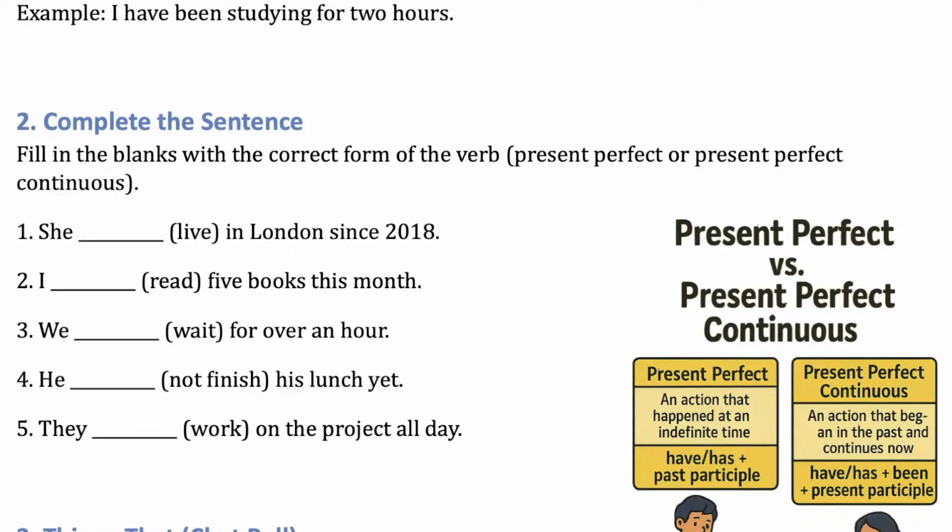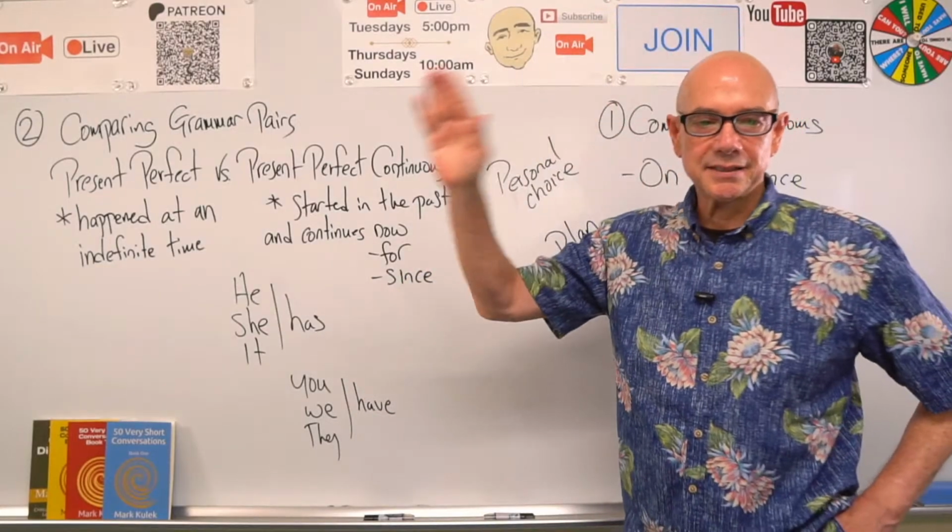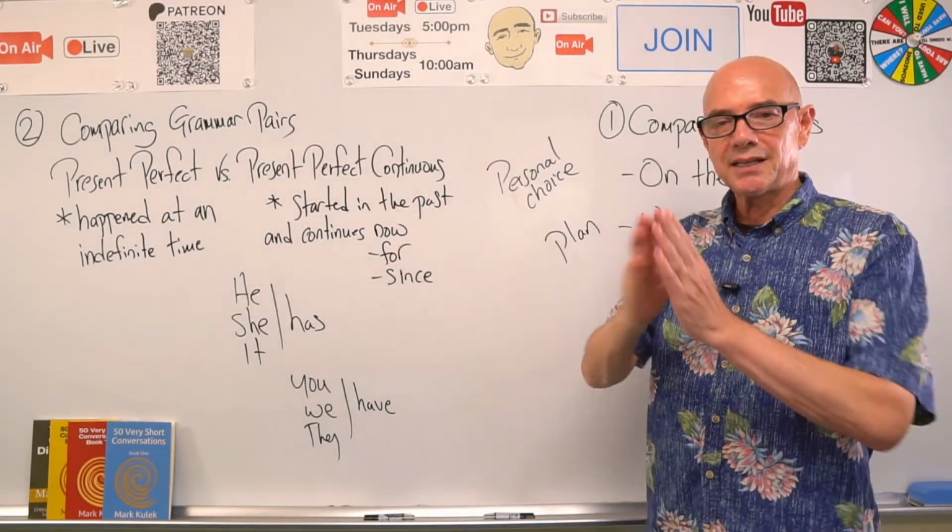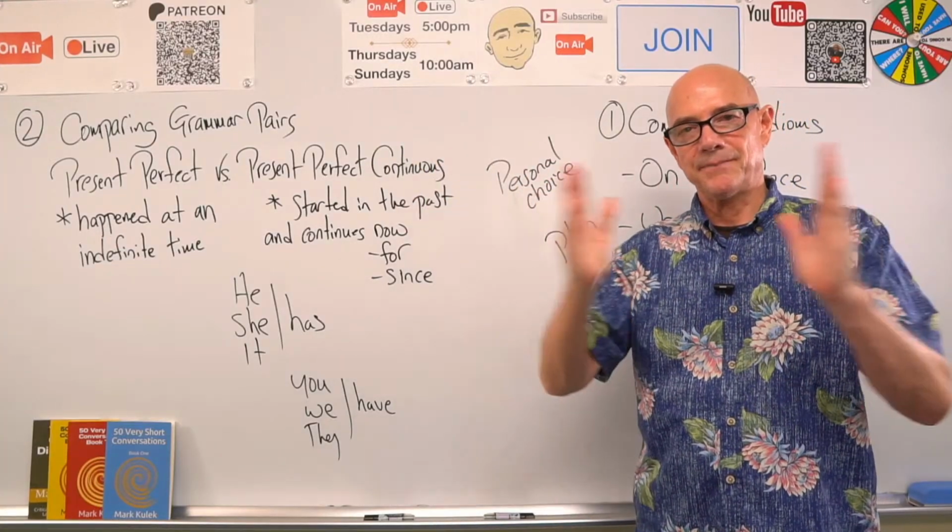Okay, so living. So in the worksheet, you see the verbs: live, read, wait, not finish, work. You have to change those verbs. So Susie, she has been living in London since 2018. So it's duration of time. So remember, present perfect continuous, duration of time, right?